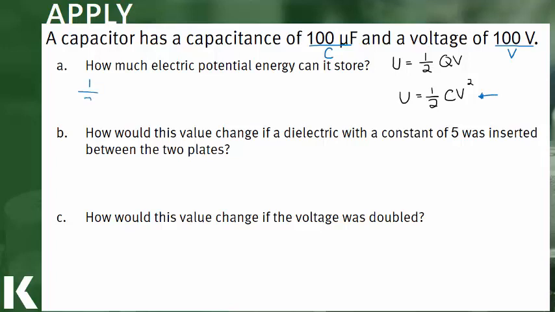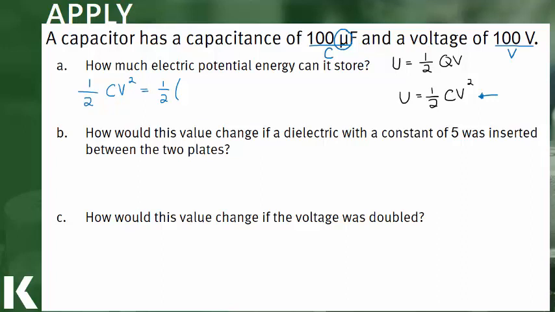So we're going to take 1/2 CV squared and plug in the values that we know. Now our capacitance was given in microfarads. We have to convert that by a unit conversion into farads. There are 1 × 10⁶ microfarads in a farad.